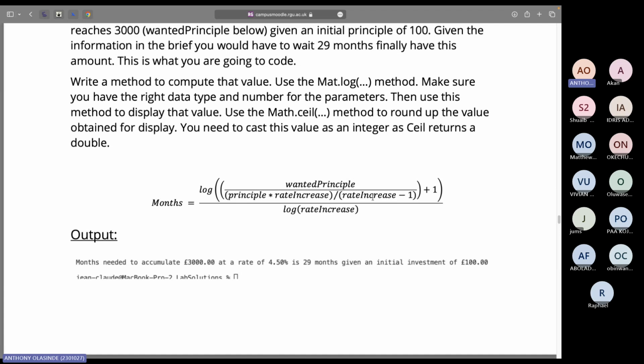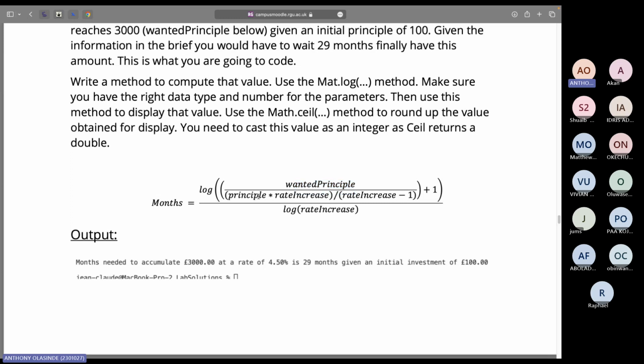If you do it the way they did, you will have wanted principal over principal times rate increase, then wanted principal times this one divided by this one. That's not what you want. You want wanted principal divided by all these things.